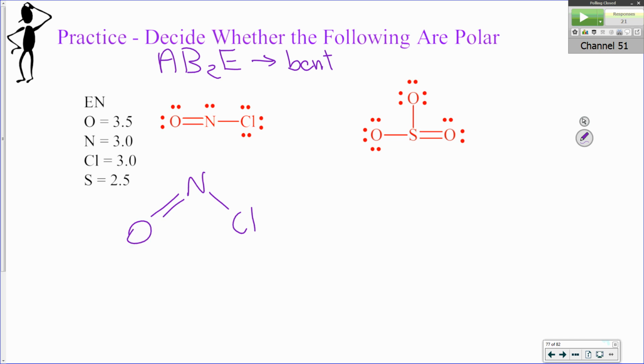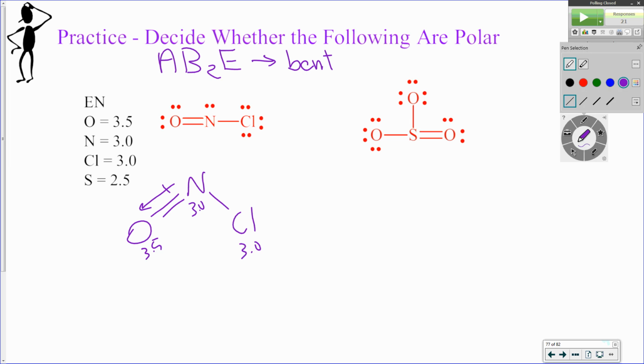Now we have to look at the magnitude of these electronegativities. I've got 3.5, I've got 3, and 3, and chlorine is also 3. These two have no difference, but on this one there is a difference in electronegativity, so there's going to be a dipole moment in this direction. The net dipole moment that would occur with this molecule would be something like that.